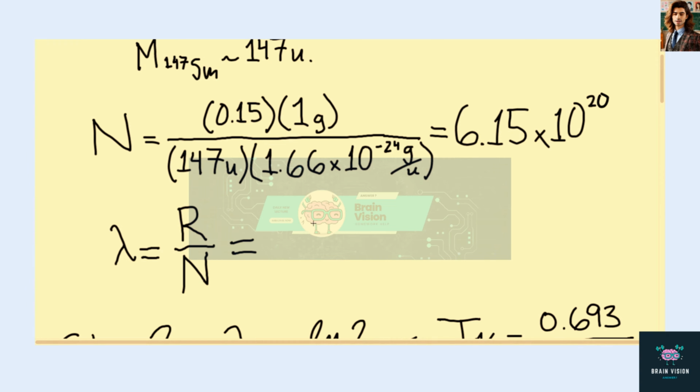Now that we have a figure for n, we can divide it into the activity value we were given of 120 decays per second.